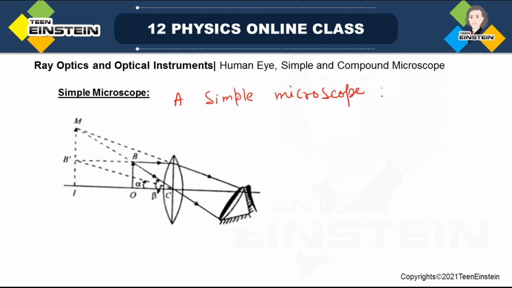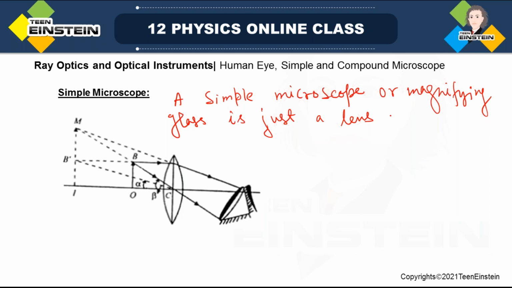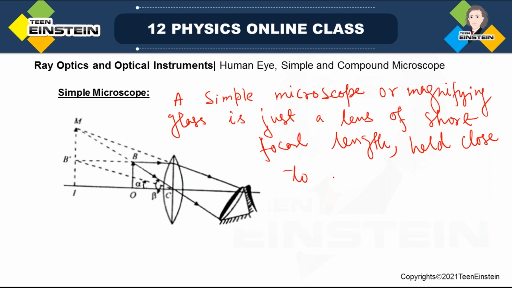A simple microscope, or a magnifying glass, is just a lens of short focal length, and at the same time the lens has to be held close to the eye.